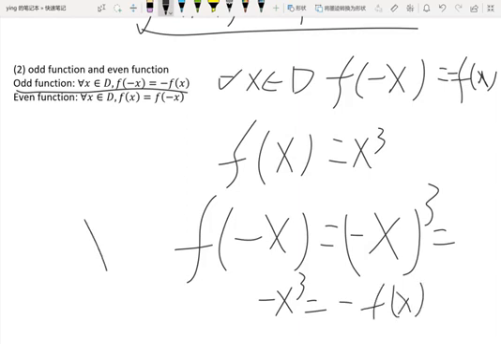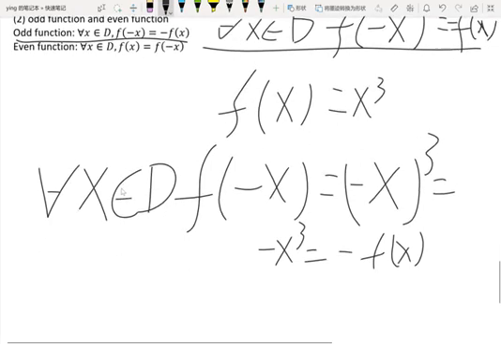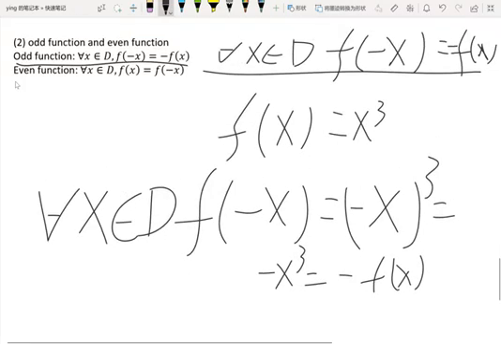And x is in the domain of f. So it matches this relationship, so it is an odd function. And for an even function, the definition is this.